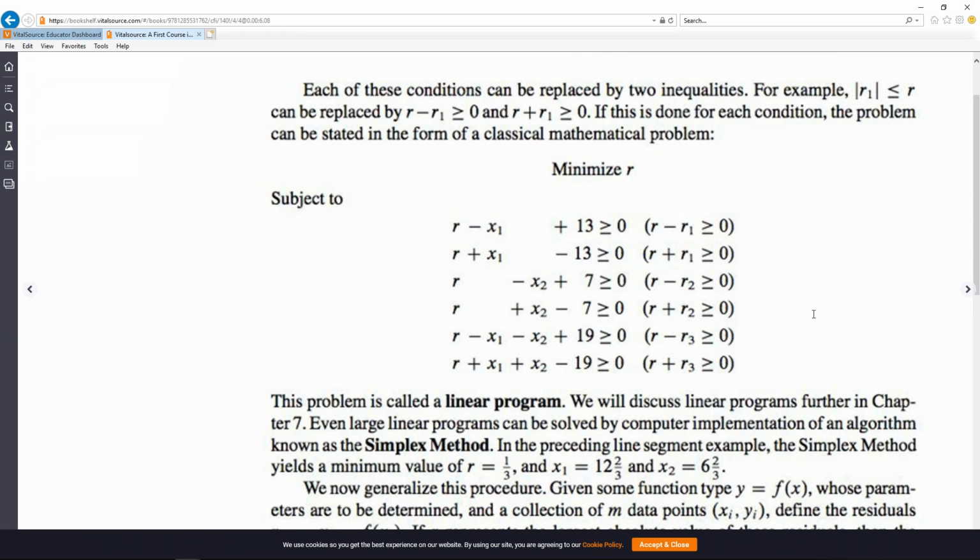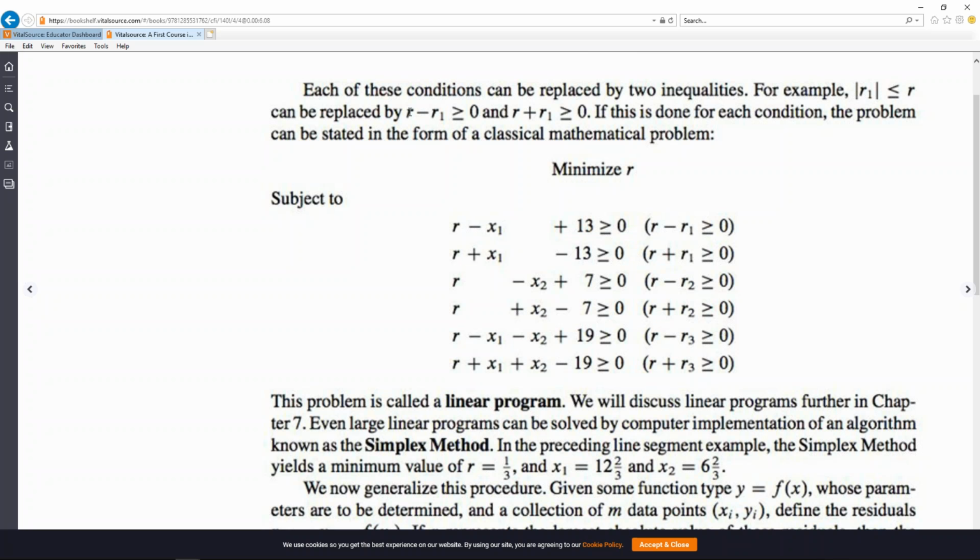So once we have those, and if we have all of this, essentially we would have 6 inequalities. If this is done for each condition, the problem can be stated in the form of a classic minimization problem. So let's see why. Because we know that R1 is something that we earlier defined as x1 minus 13.